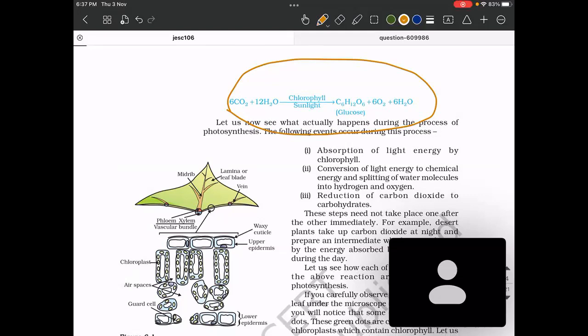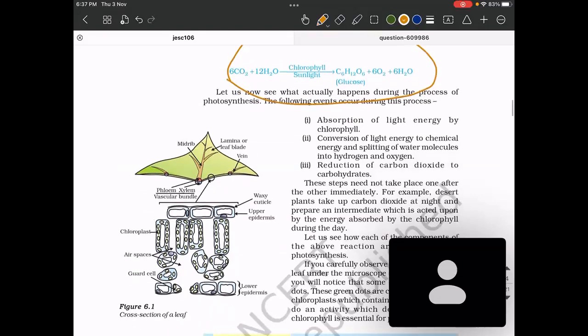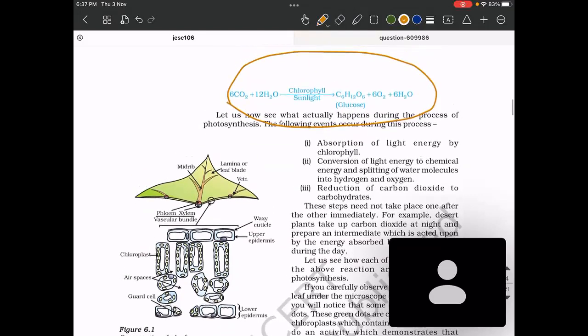So what is from the atmosphere, what is from the soil, and through what components do plants absorb these things? For example, it requires carbon dioxide, which it gets from the atmosphere through the stomata in the leaves. So through the leaves the plant gets its carbon dioxide.